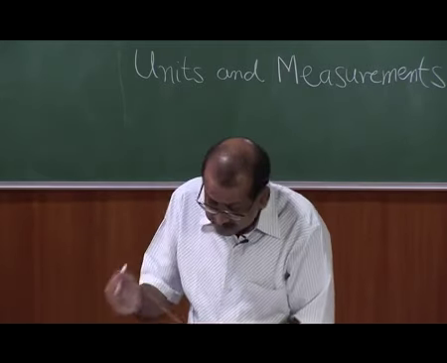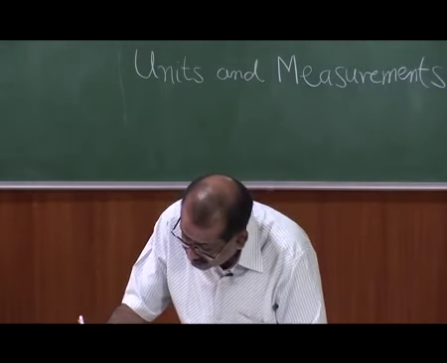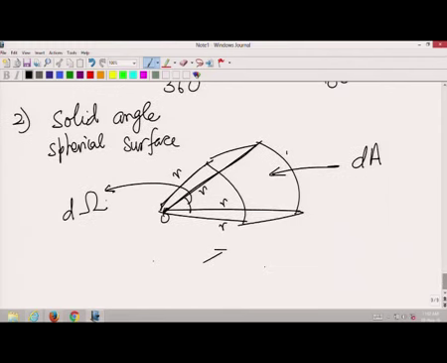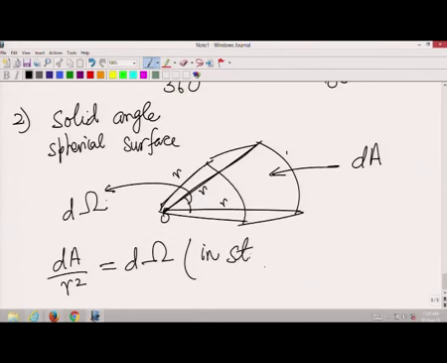If this area is dA and the solid angle is d omega, then dA divided by r square gives me a measure of the solid angle d omega, and this is measured in a unit called steradian.